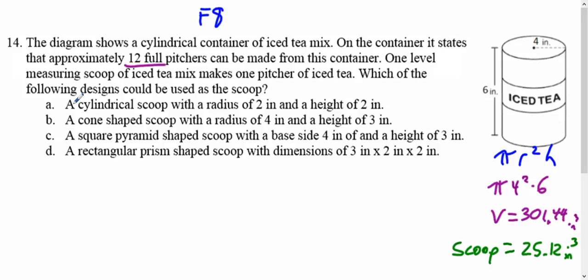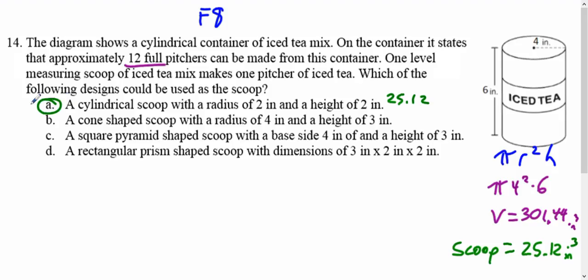So a cylindrical scoop, that's pi r squared times the height. So 3.14 times the radius squared, which would be 4, times the height, which is 2, and you get 25.12. So that one works out perfectly.